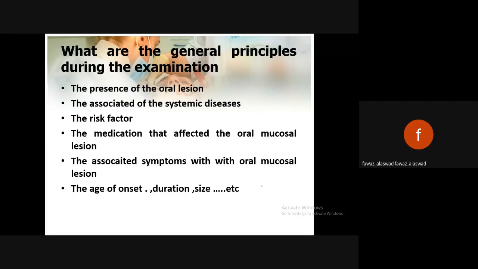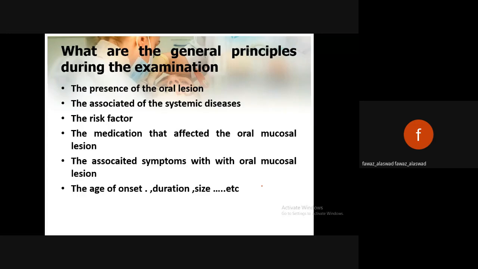And many autoimmune diseases, for example pemphigus vulgaris, bullous pemphigoid, and systemic lupus erythematosus. All of these diseases, whether genetic or autoimmune, may mostly be associated with an oral manifestation before any other type of manifestation occurs.